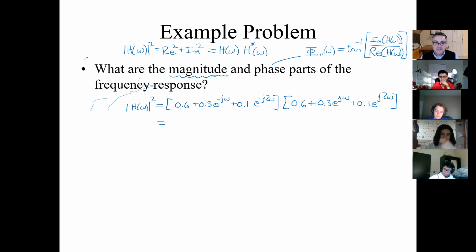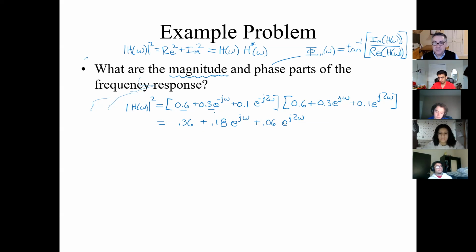So basically, if I take the 0.6 and multiply it by these three, I'm going to get 0.36 plus 0.18 e to the j omega plus 0.06 e to the j2 omega. And then I'm going to take this term and multiply it by each of these.